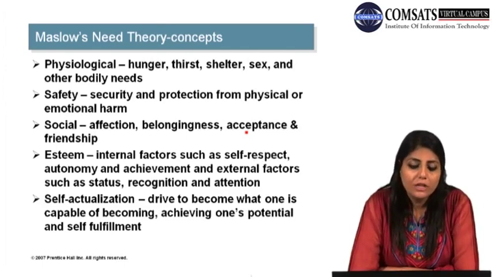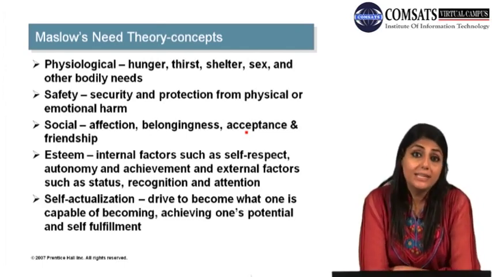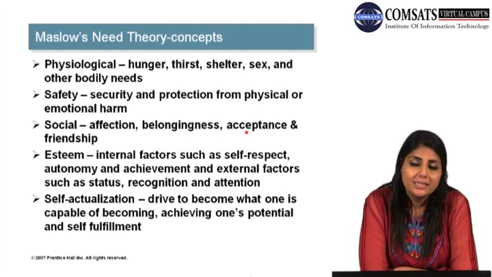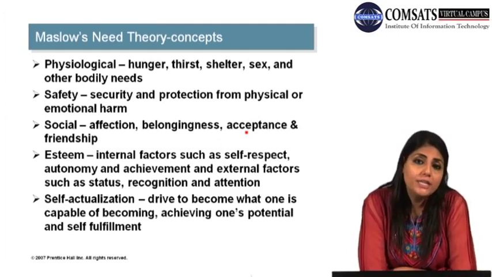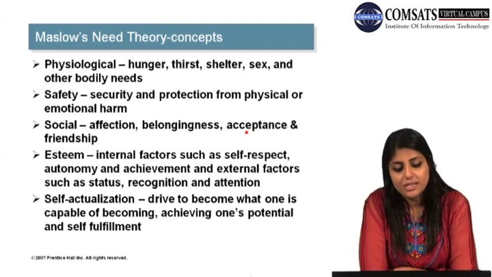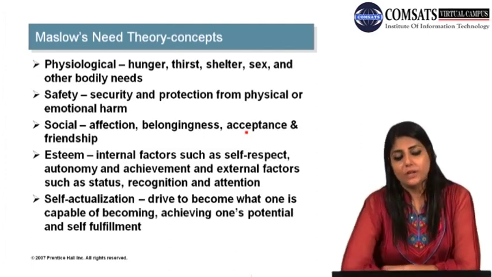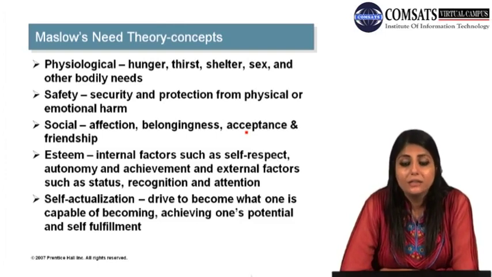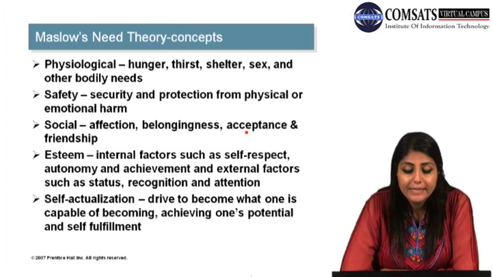Starting off with the physiological needs, this theory distinguishes human needs into a pyramid of needs. It says that initially there are some basic needs of individuals. When those needs are met, then we move up the pyramid to the higher order needs. It starts off with the physiological needs, such as hunger, thirst, shelter, need for sex, and other bodily needs.